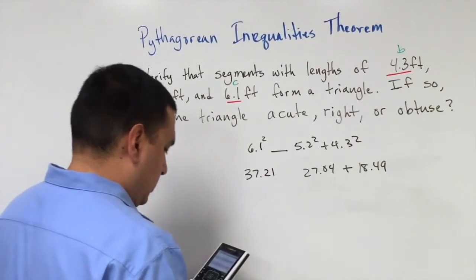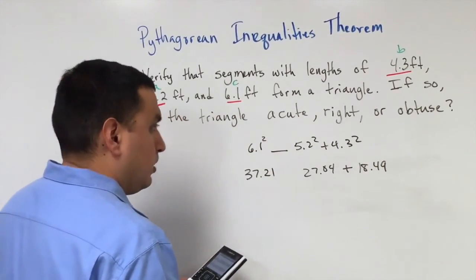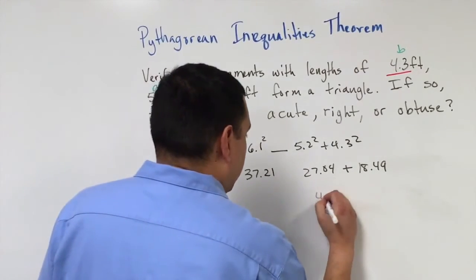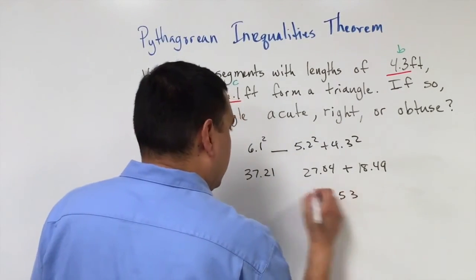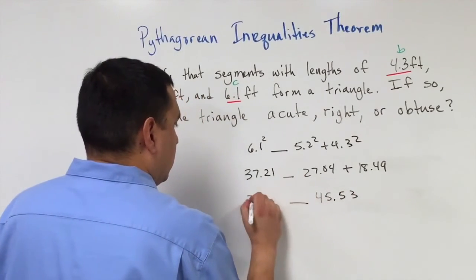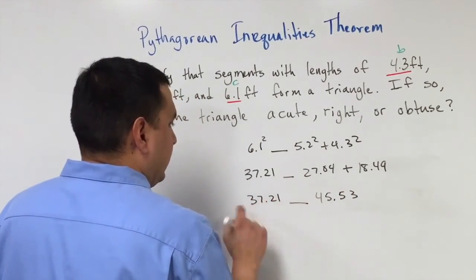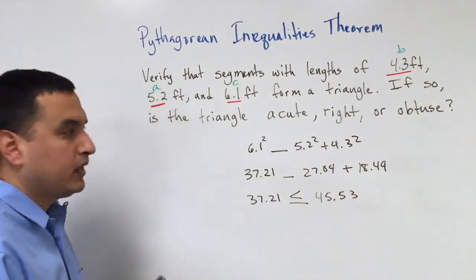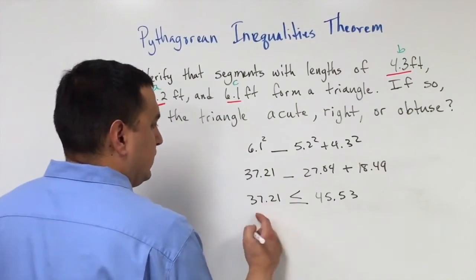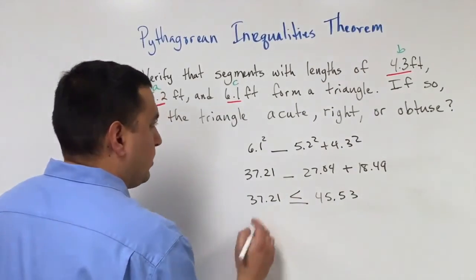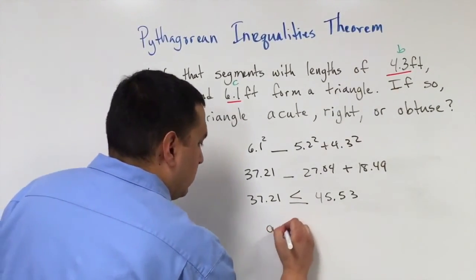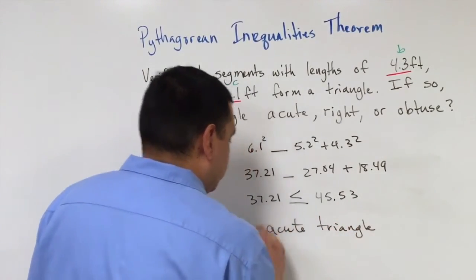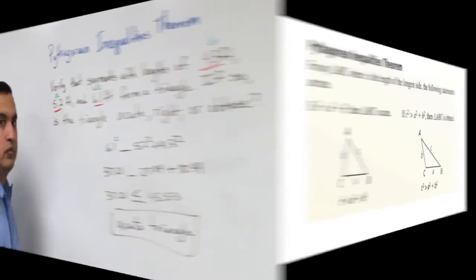If I add 18.49 and 27.04, I get 45.53. And this is 37.21. And 37.21 is less than 45.53. So that tells me that my c squared is less than my a squared plus b squared. So that tells me that this is an acute triangle.